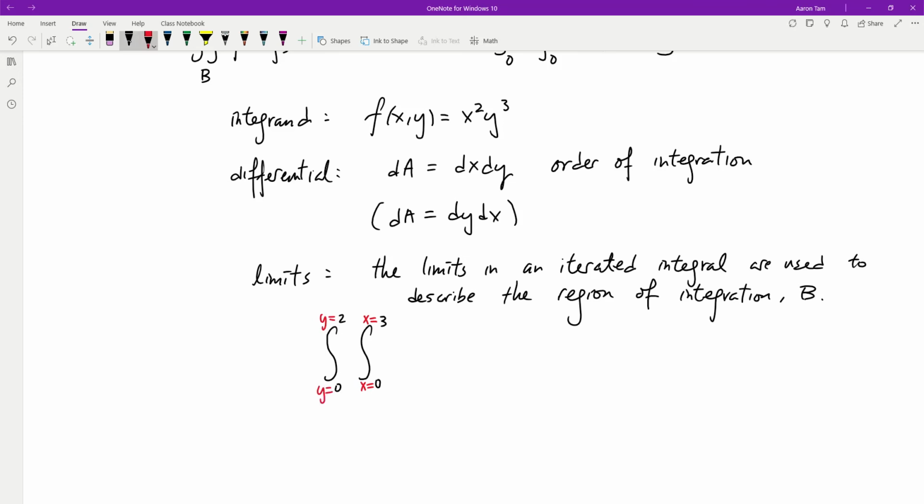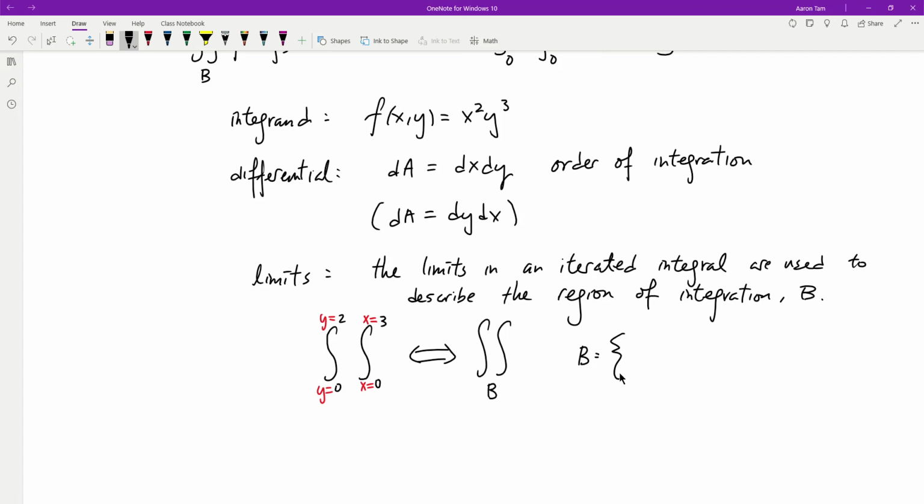So therefore, this now helps describe the region B. How? It implies that region B is described by the following. You start from the inside integral and work your way out.